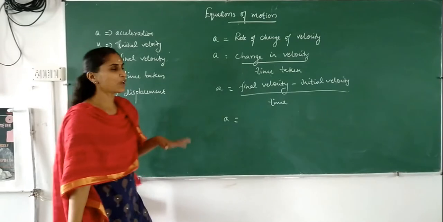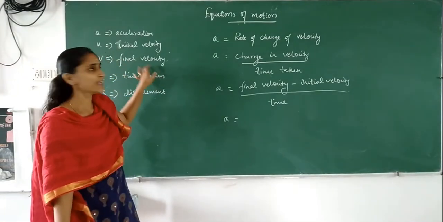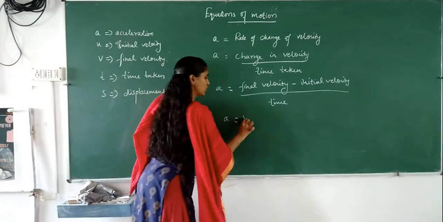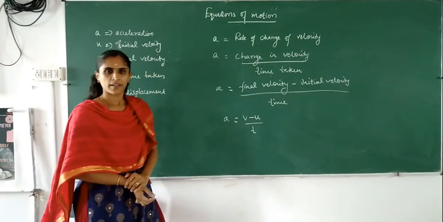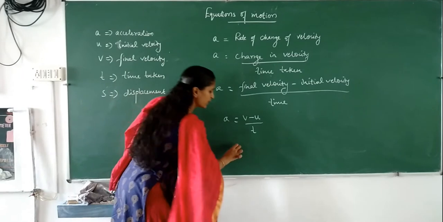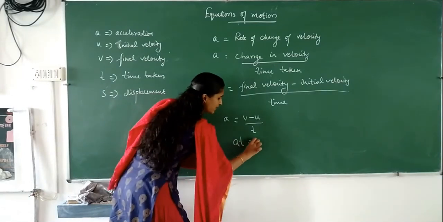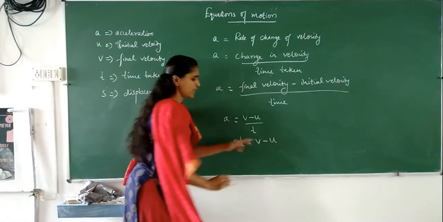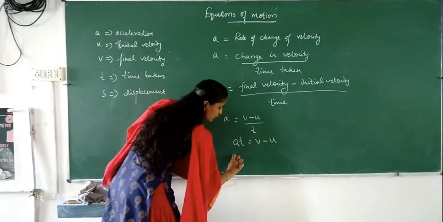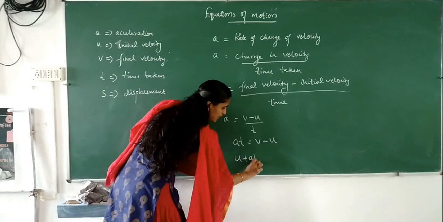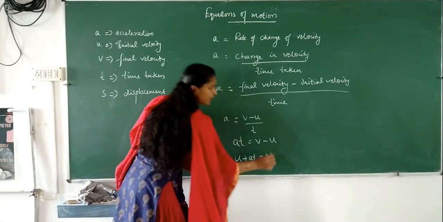And what is final velocity? Final velocity is v, initial velocity is u. So we can write a = (v minus u) by t. You can cross multiply it. What you will get? a into t is equal to v minus u. And this minus u can be taken to this side, so it will become plus u. So you can write u plus at is equal to v.